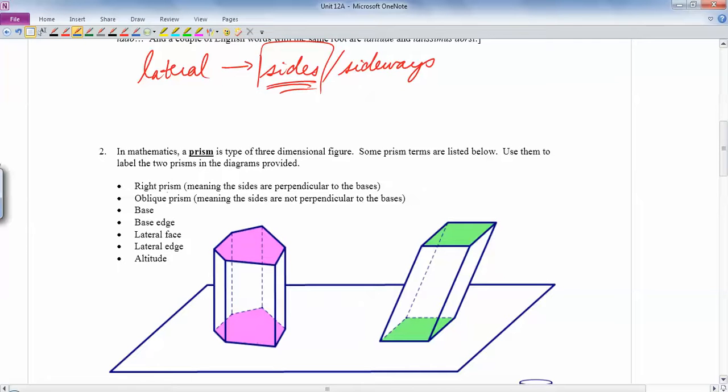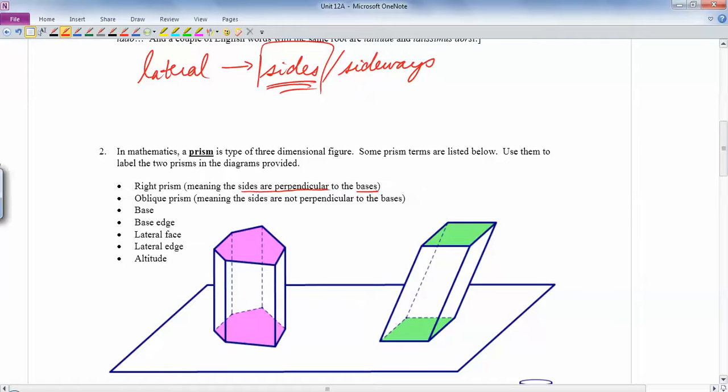So it's a right prism. We're going to label these diagrams, by the way. It's a right prism if the sides are perpendicular to the bases. Notice on the right here, this side does not form a right angle with the ground. That's slanted, so it's not 90 degrees.